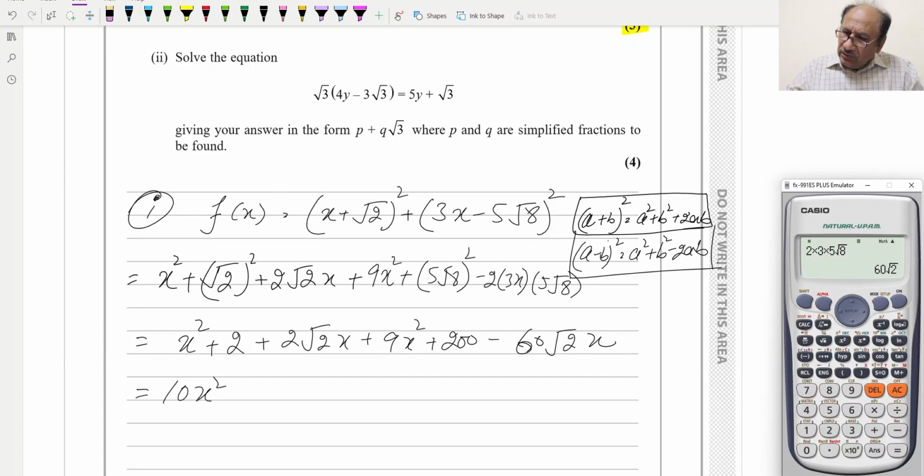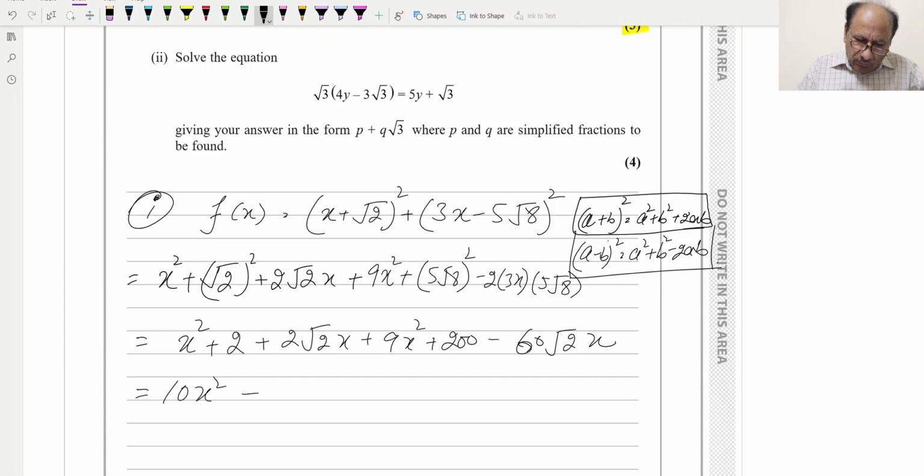So this one is okay, so what we can do, 2 root 2, and this will be minus 60 root 2, and this is equal to minus 58 root 2 x, and plus 200 plus 2, these two we can combine, so it will be 202.